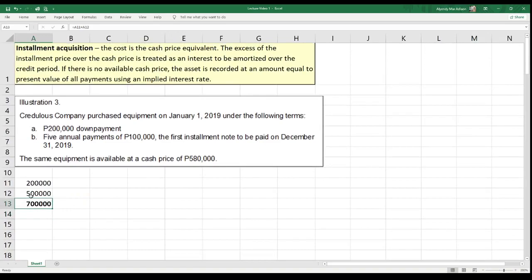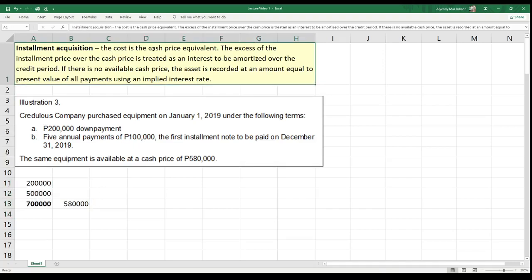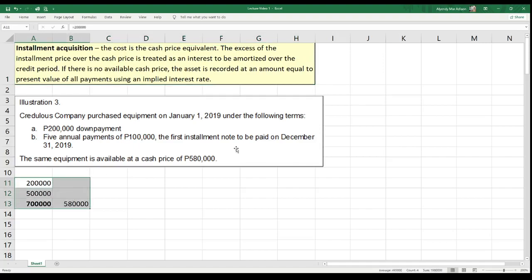So, this is actually the installment price of the equipment. While the cash price is the one that is indicated, which is the 580,000. Now, question, by how much would the equipment be recorded in our balance sheet? Again, the cost of that equipment should be its cash price equivalent.